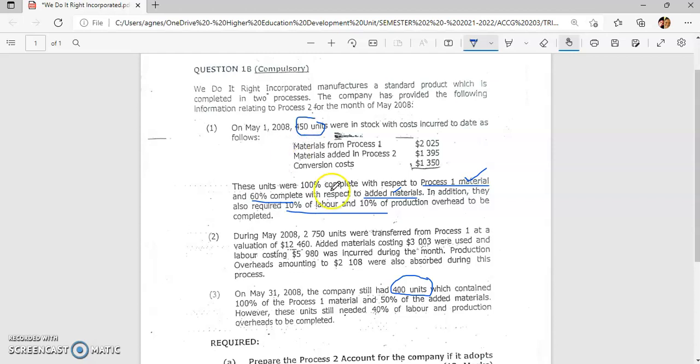However, we were given closing inventory units and our input units of 2,750 because they said during May 2008, 2,750 units were transferred from process 1 to process 2. So that means the 2,750 units are our input units. So we can use our input units and subtract our closing inventory units to get our fully completed units.